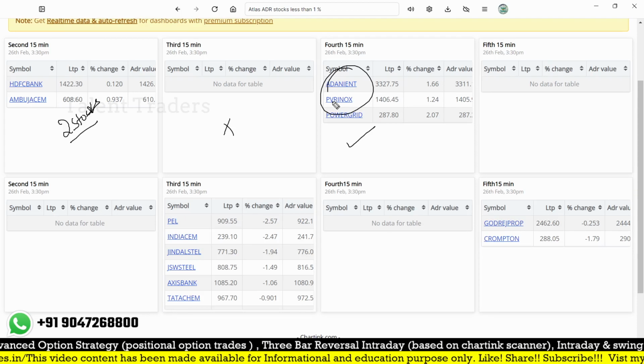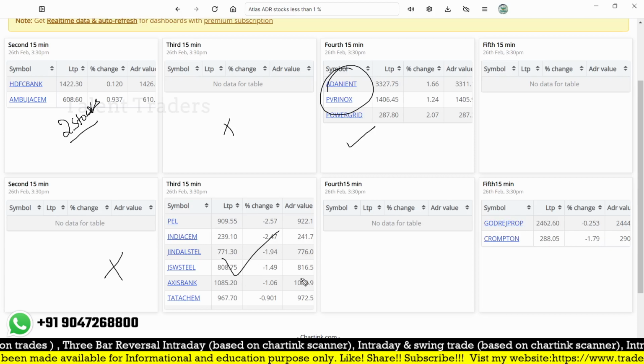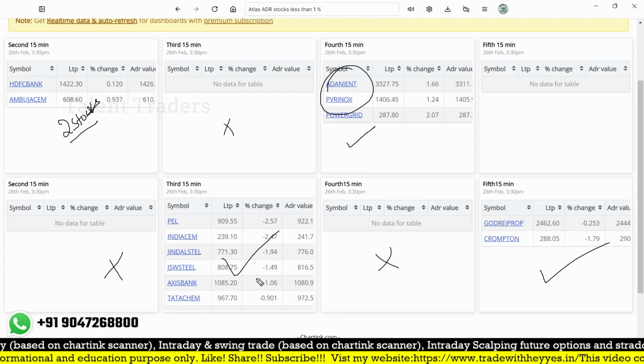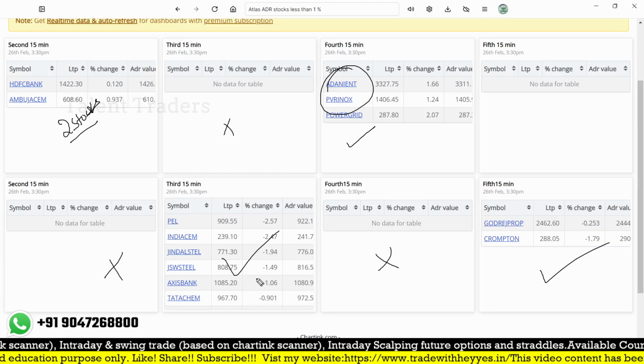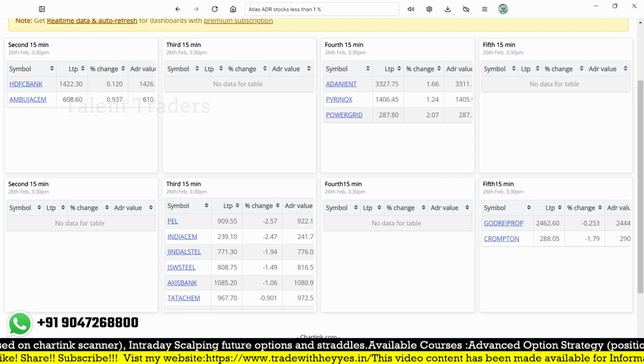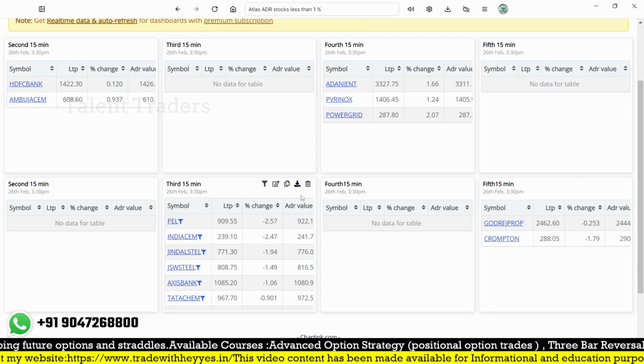Let me check how it works. Same like that, second candle no, third we have, fourth no, fifth candle we have. So the number of stocks is very small. From there we can easily select which one is suitable to take a trade. This was the main concept behind developing this particular dashboard.